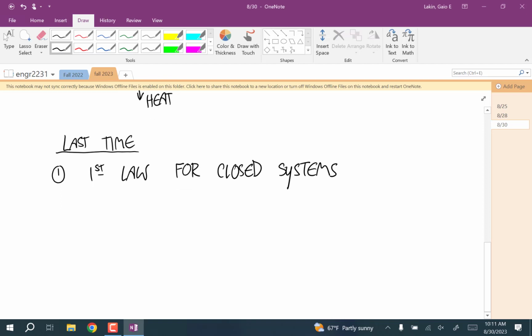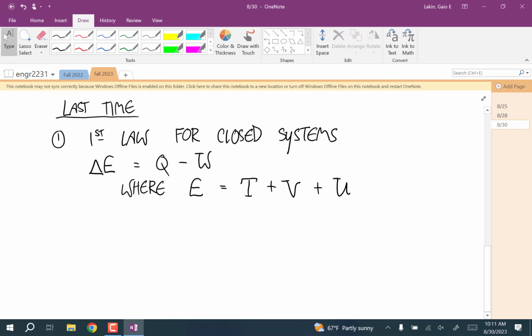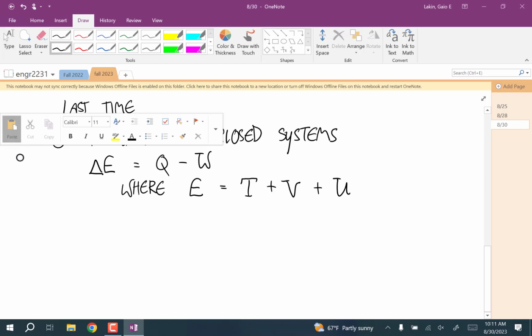The first law for closed systems says that the change in energy is equal to the heat minus the work, where the energy is equal to the kinetic energy plus the potential energy plus the internal energy. Then we also talked about the work of expansion.